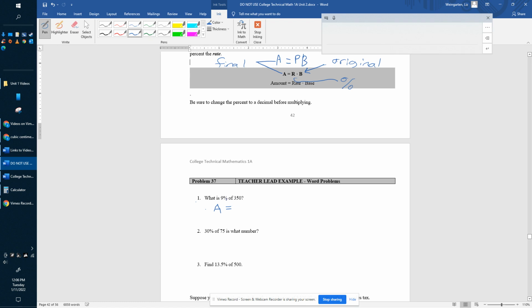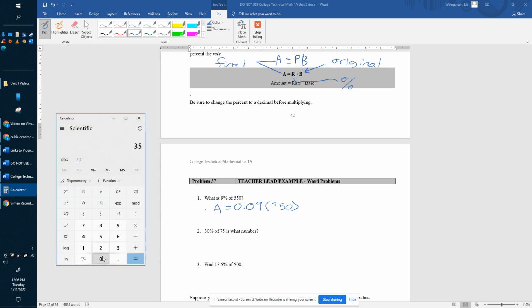Do not keep your percent or you're going to end up with a larger number for your amount than you do for your base. And we're only looking for a fraction of it. We're only looking for 9%. So convert that into a decimal times base, which is 350. So let's see what that is in our calculator. It's 31.5.